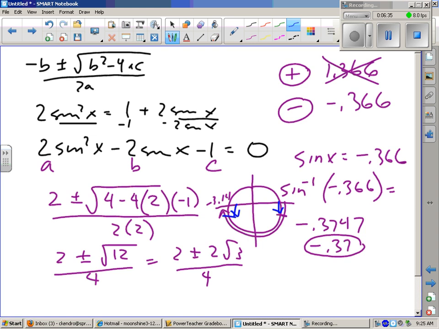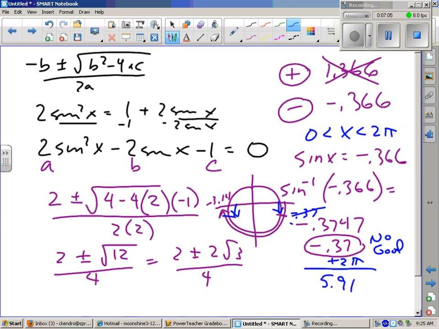So this is negative 0.37. The directions say between 0 and 2 pi, so this negative is no good. We need to make it positive. So I'm just going to add 2 pi to it to get its coterminal angle. If I add 2 pi to that, I get 5.91. So instead of being negative 0.37, it is 5.91.